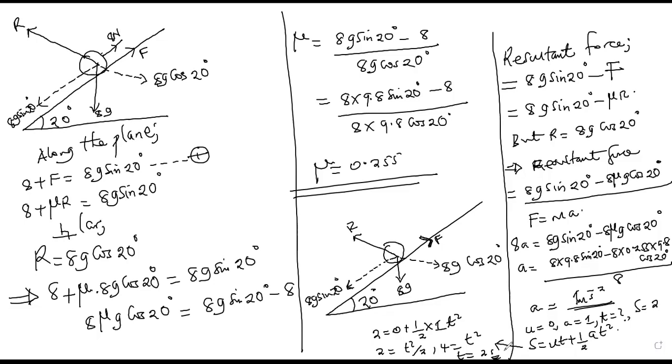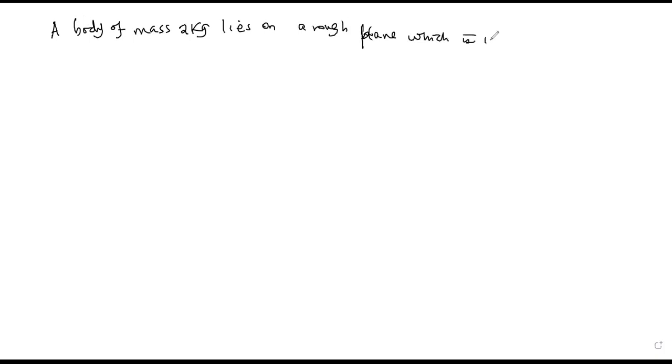Let's do some other example. A body of mass 2 kilograms lies on a rough plane which is inclined at 30 degrees to the horizontal.